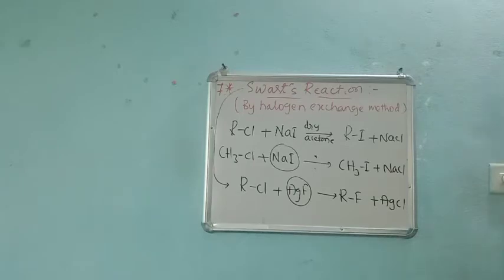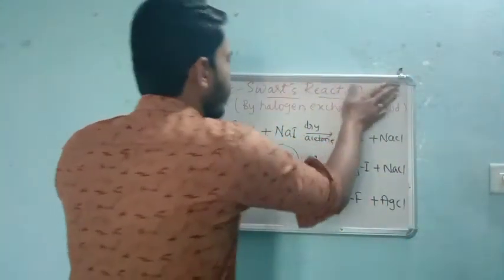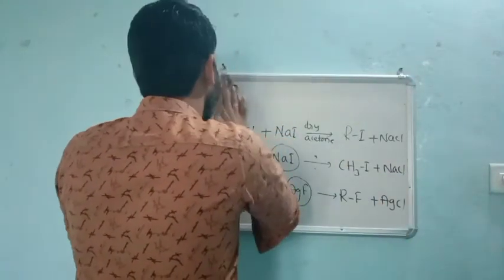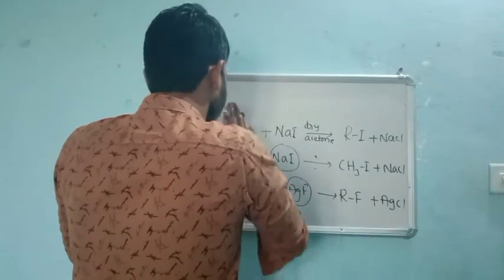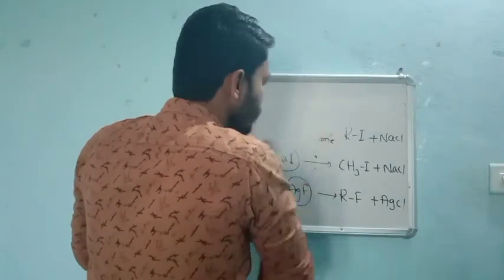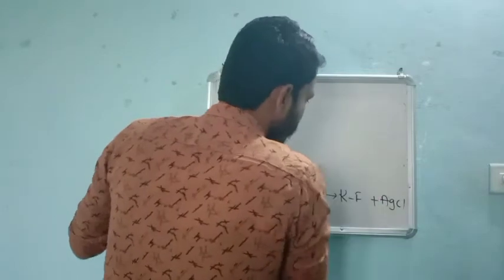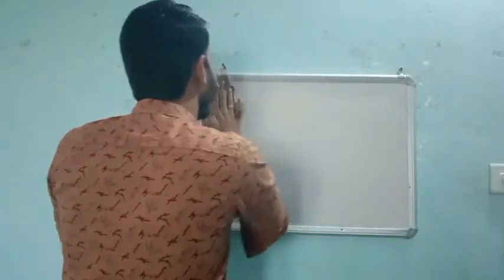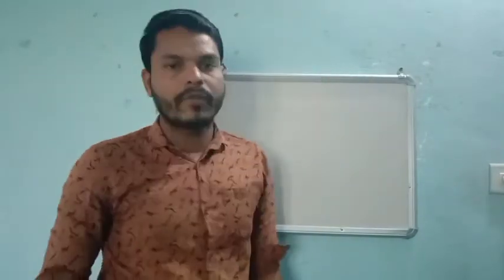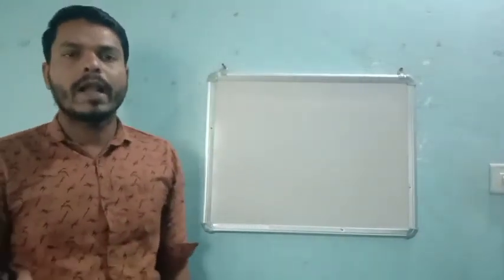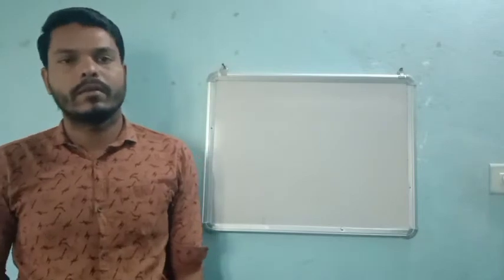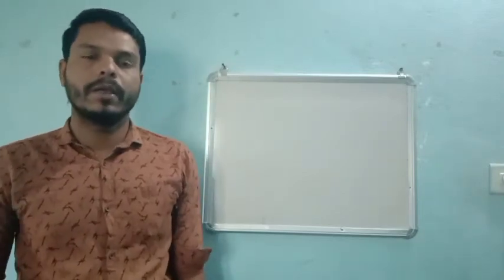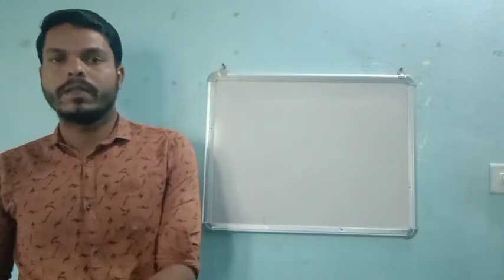Now we will see some physical properties of haloalkanes. Till now in our chapter we saw the basic nature, how they behave, the nature of the bond of haloalkane, and how to prepare these haloalkanes. After seeing all these things, what are the properties, physical or chemical? We will see one by one.